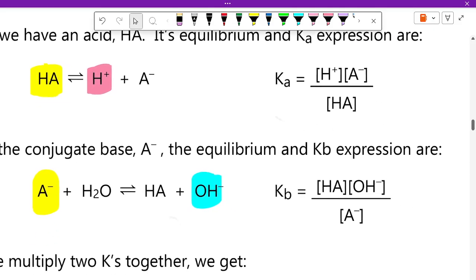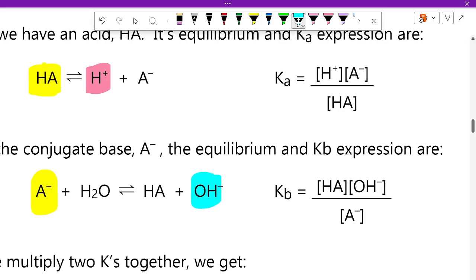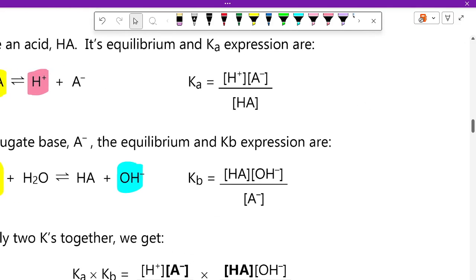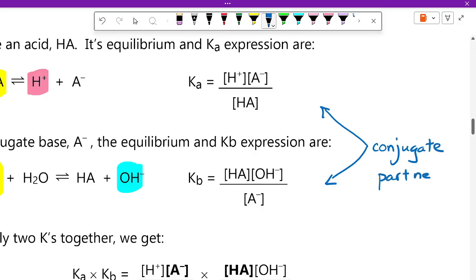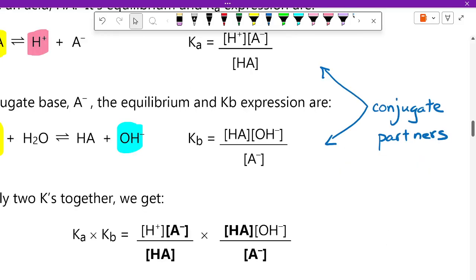Then we have our Ka, and we have Kb, and these are of conjugate partners. If we multiply those two together, Ka has A minus on the top, and Kb has A minus on the bottom. Ka has HA on the bottom, and Kb has HA on the top.